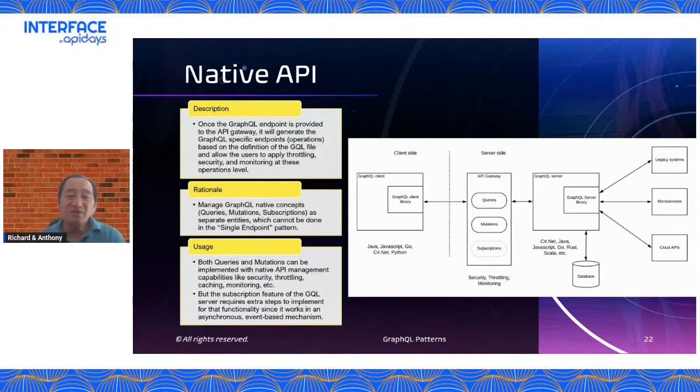And also in terms of subscriptions, you cannot do the traditional request-response blocking call, because subscription is event driven. So you need some asynchronous way to do that. From that perspective, the last pattern is only applied to some simple use cases. We really need different endpoints, but not as many as in pattern number 3, but grouped in a similar fashion, and then provide some discovery capabilities, cataloging, API management, and governance over here.